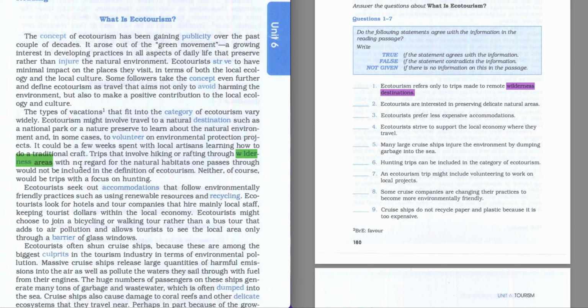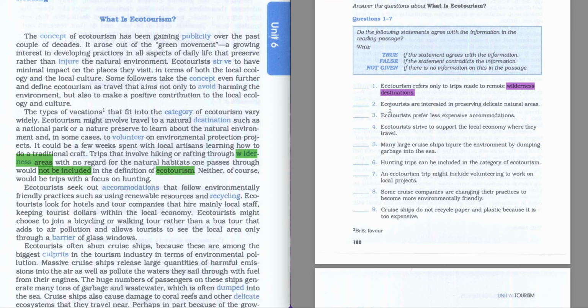Trips that involve hiking or rafting through wilderness areas with no regard for the natural habitats one passes through will not be included in the definition of ecotourism. So ecotourism is not referred to this. Basically, our answer to the first question is going to be false.